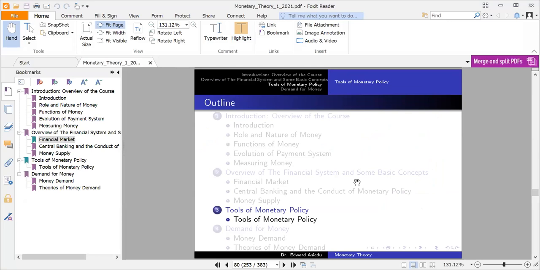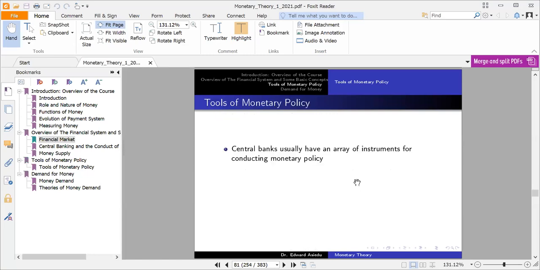All right, the tools. I have already hinted on some of the changes in the economy, but let me touch on the tools in detail. Tools of monetary policy. Central banks usually have an array of instruments for the conduct of monetary policy.